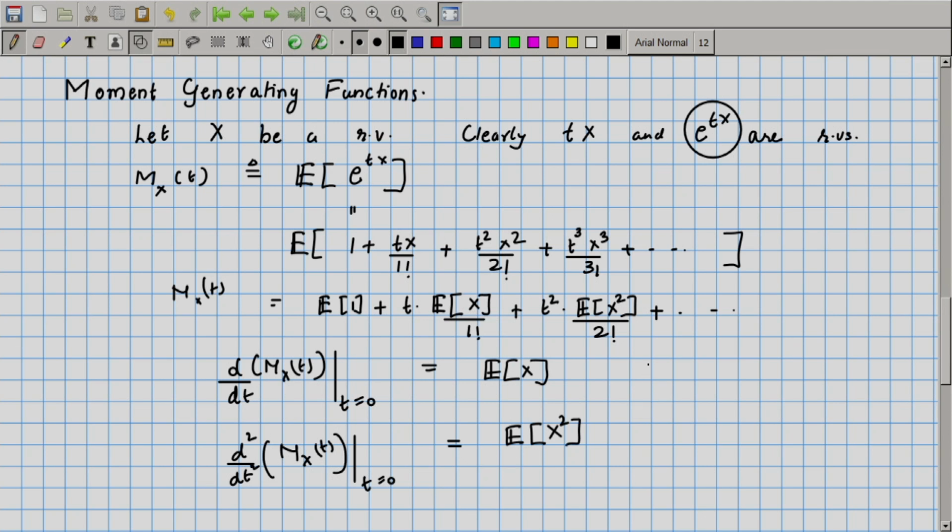In general, if you differentiate it n times and evaluate this at t equals 0, what you will get is the expectation of X raised to n. So, these expectations are what are called the moments, and that is the reason why M_X(t) is called a moment generating function.